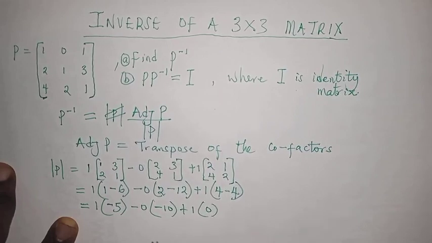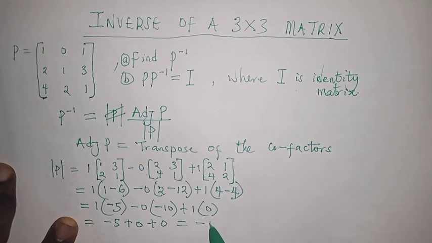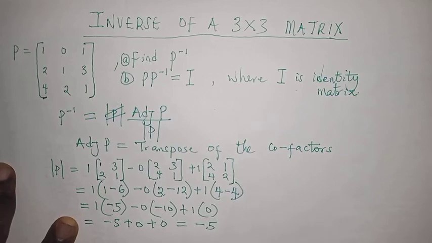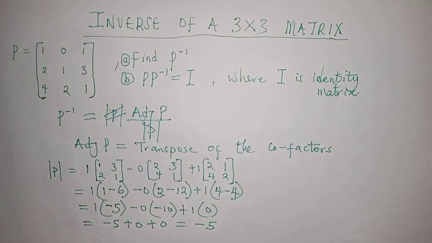This is 0. So we have 1 times negative 5 is negative 5. This times this is 0, so just write plus 0, and of course this is also 0. So the determinant is minus 5.